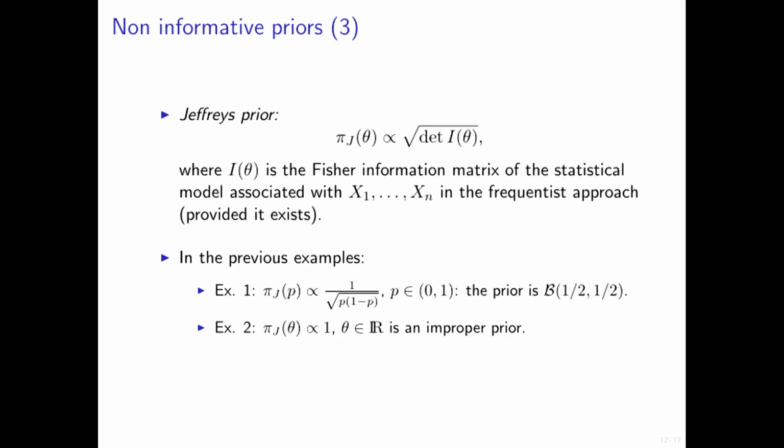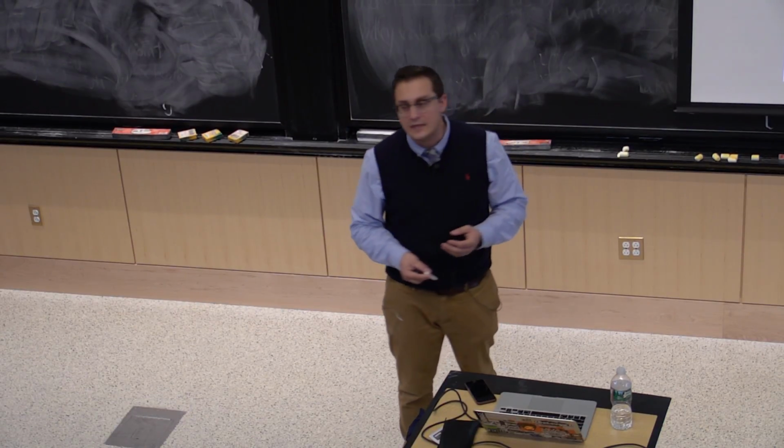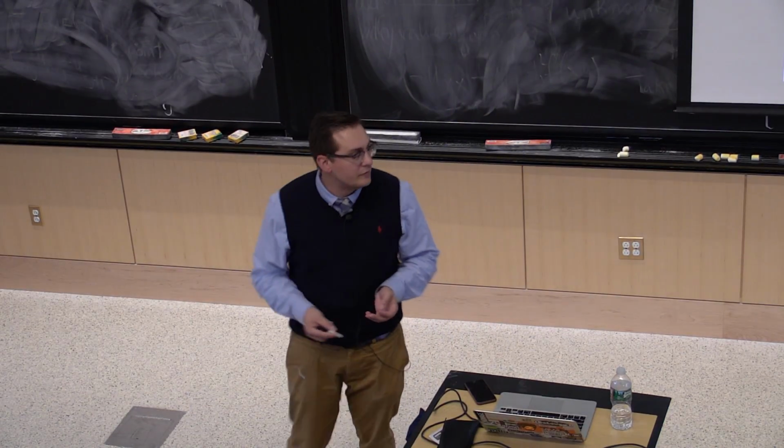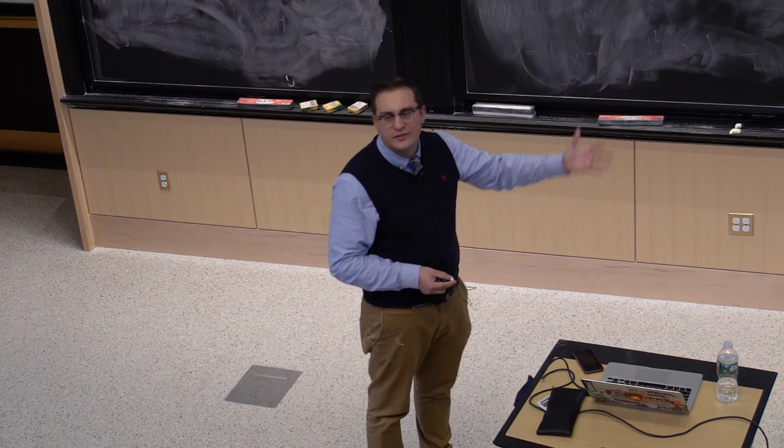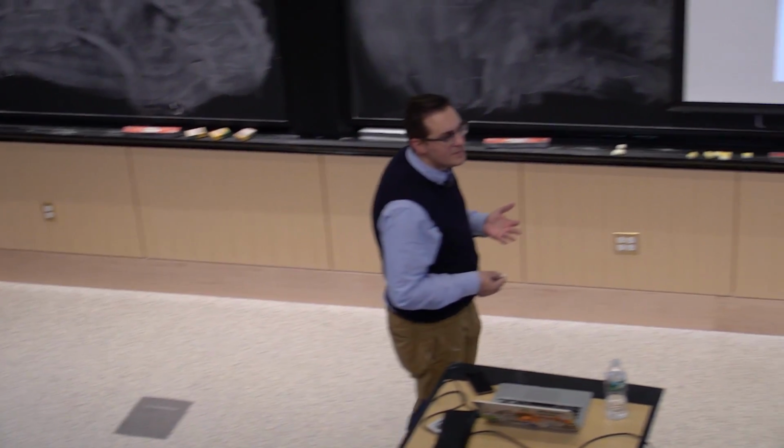This prior is proportional to the square root of the determinant of the Fisher information matrix. If you're in one dimension, it's basically proportional to the square root of the Fisher information coefficient, which we know, for example, is the asymptotic variance of the maximum likelihood estimator.